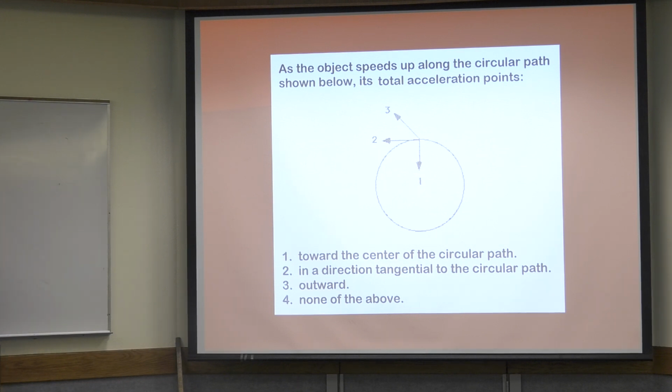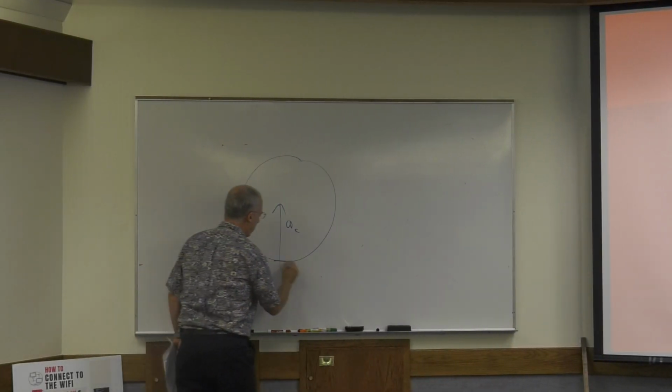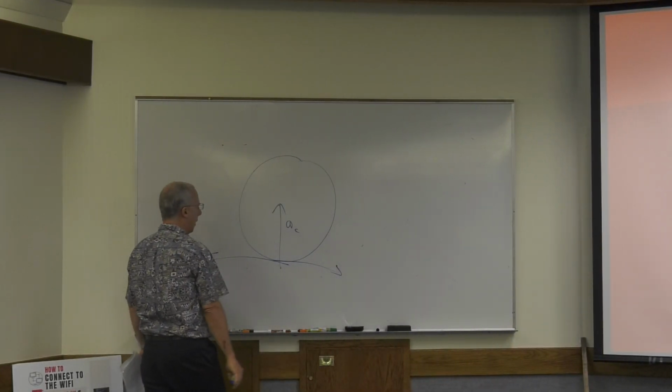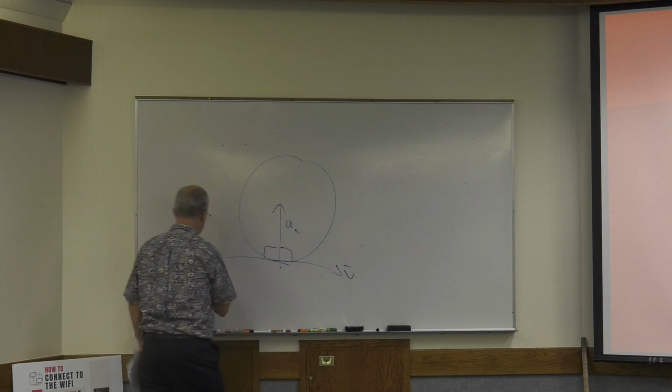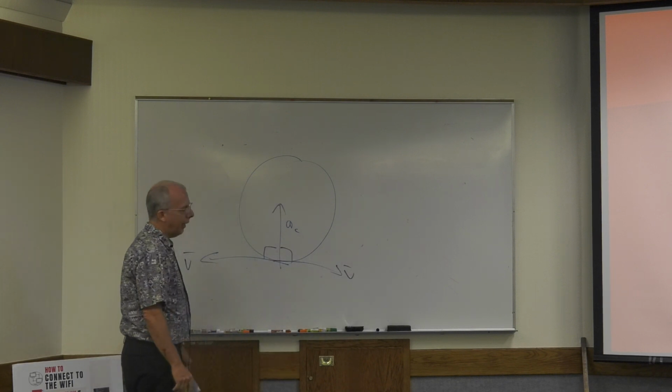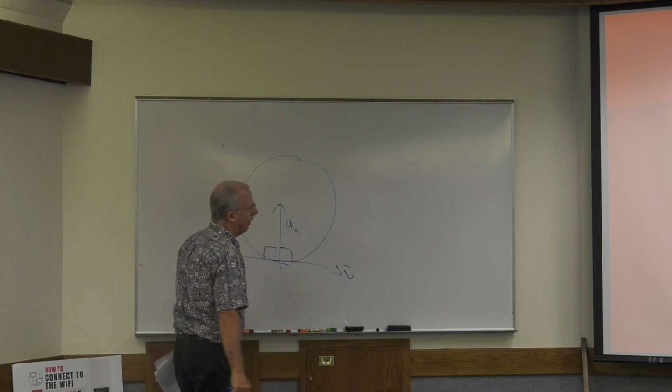All right, now look. What did we learn? We learned that the a sub c always points towards the center. And we learned that the v always is perpendicular.